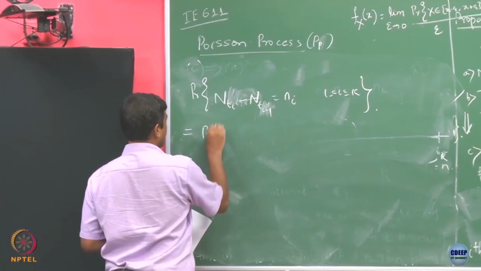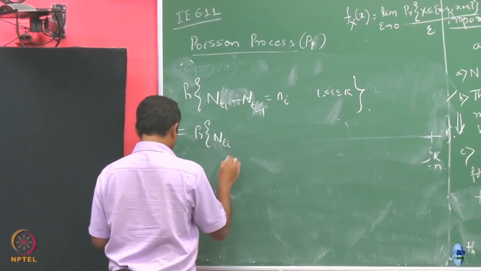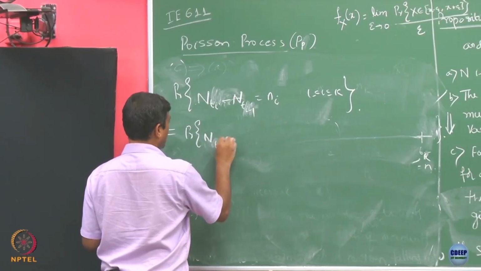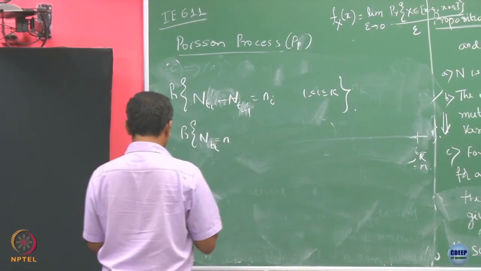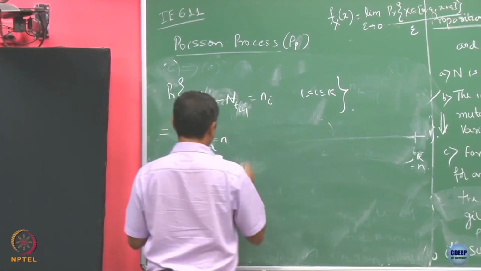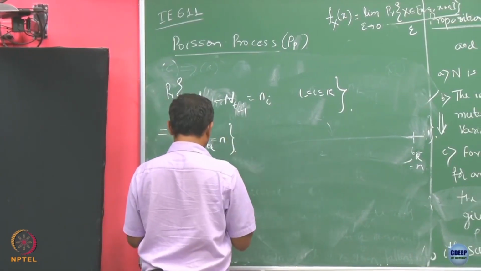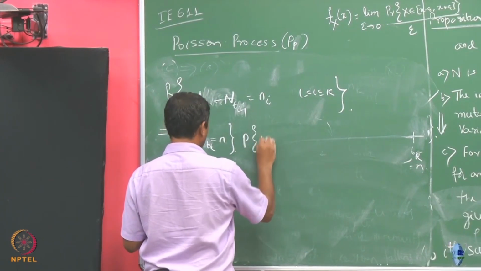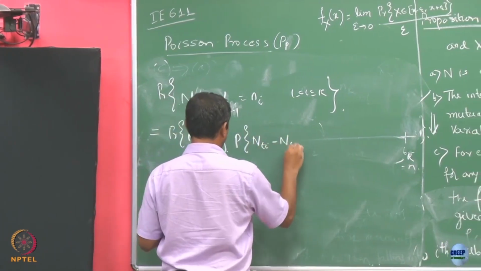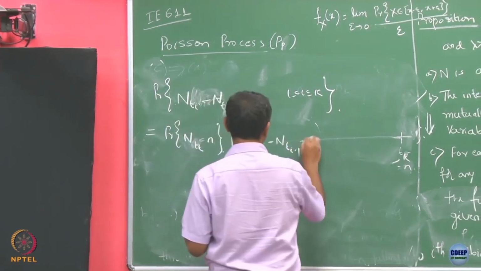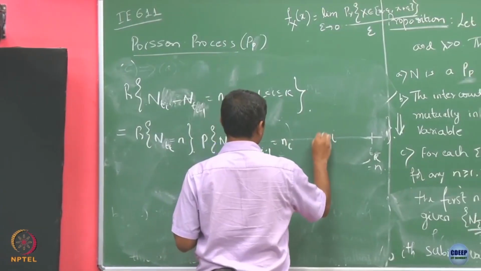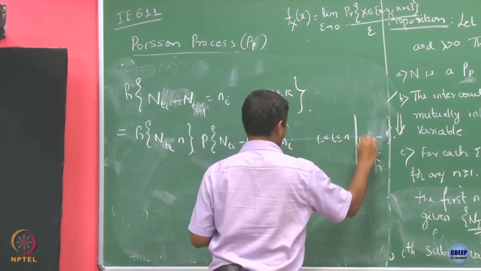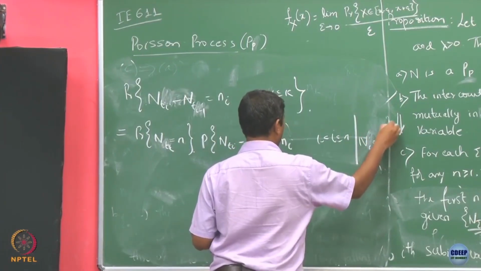You can write this as N(tk) equals n, the total number of objects, and the probability that N(ti) minus N(ti-1) equals ni for i from 1 to k, given the condition that N(tk) equals n.